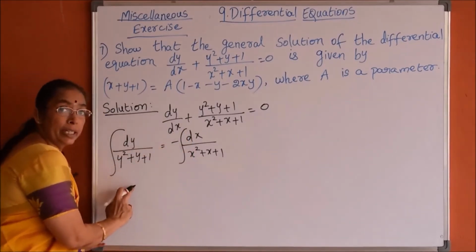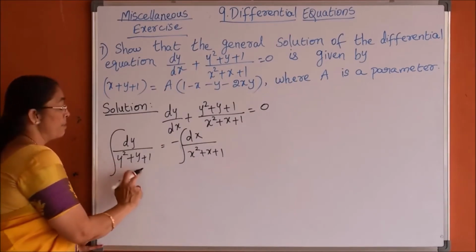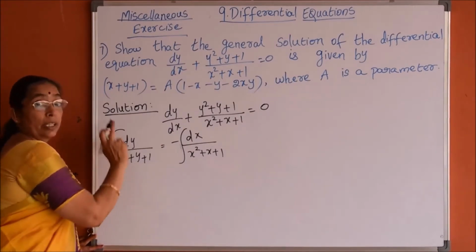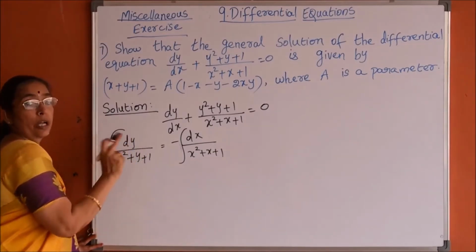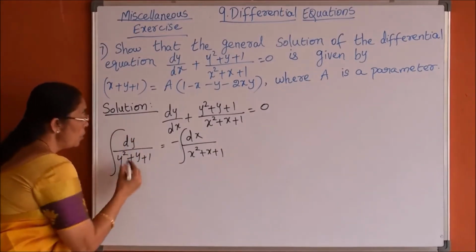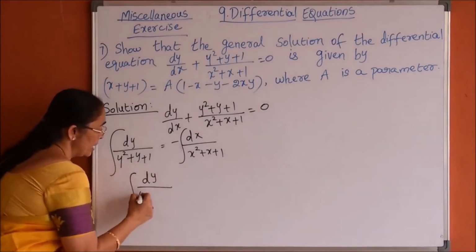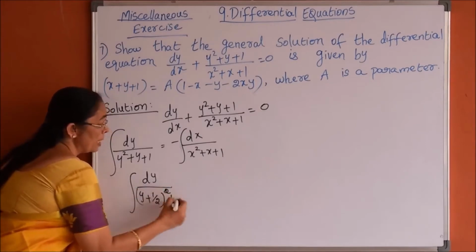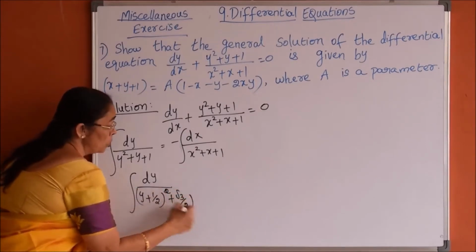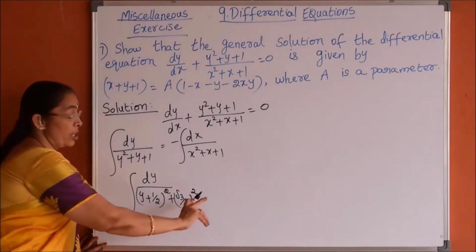To do this integration, we first make this denominator by the completing square method, that is integration of dx by (x square plus a square) form. So, we can arrange this one as dy divided by, I can write this one as (y plus half) whole square plus (root 3 by 2) whole square.